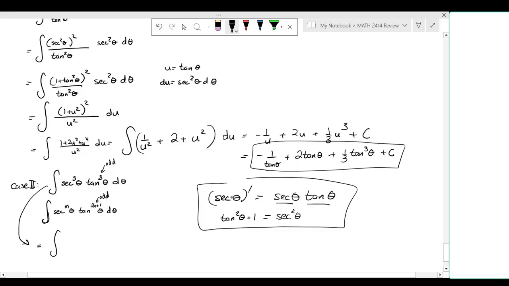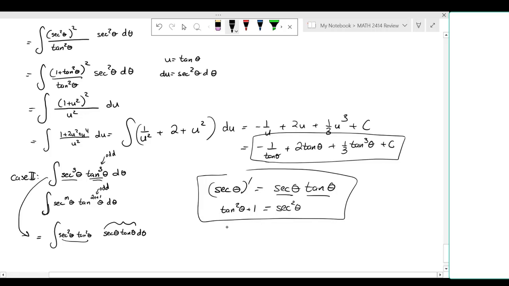So we're going to factor a secant and a tangent. The original power for secant is cubed, so now it's secant squared. The original power for tangent is cubed, so now it's tangent squared. And since this is the derivative of secant, we need to have the rest of it all in terms of secant.